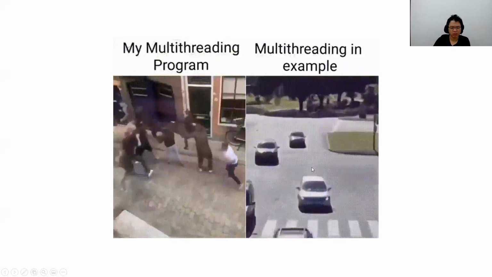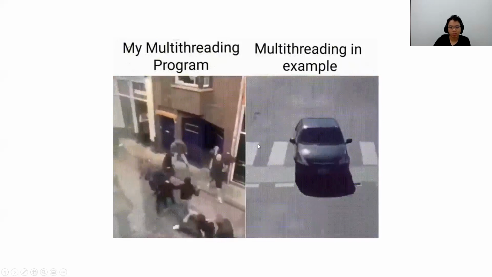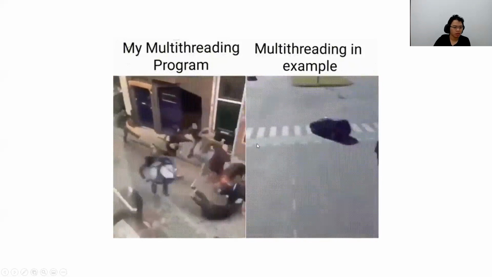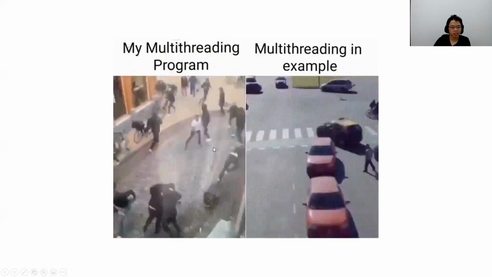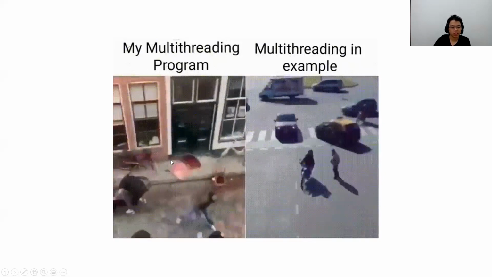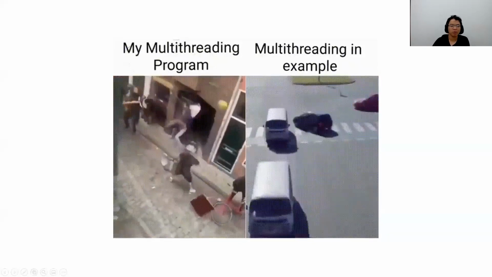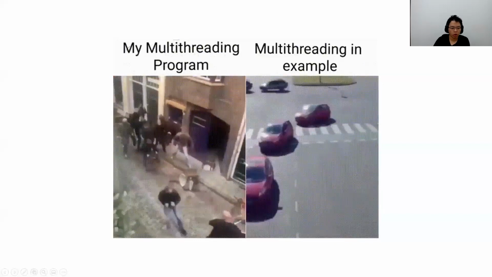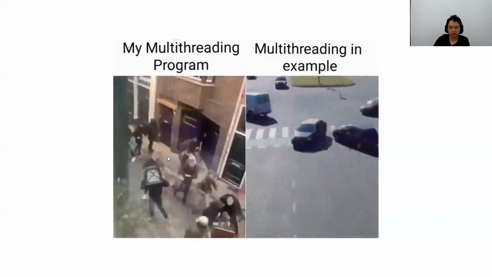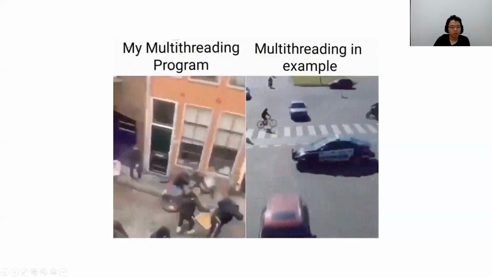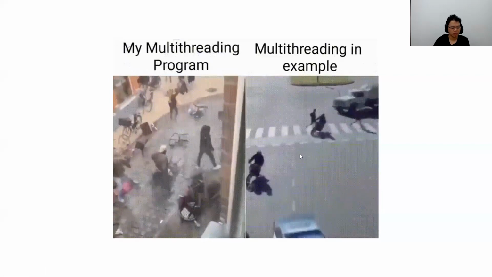Here's a little meme about it that I stole from Reddit. Basically, this is what people think when they program multi-threading, the perfect example where everything's coordinated nicely, and this is how threads start conflicting with each other over resources and hang.